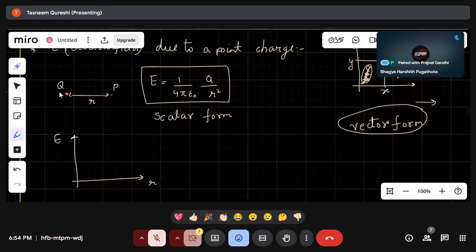Whenever the denominator is less, the numerator becomes big. So your E is high, meaning the R is here on the x axis and the E is high on the y axis. If you increase this R, your E will come down, meaning somewhere here your E will be less. So your graph will look like this.